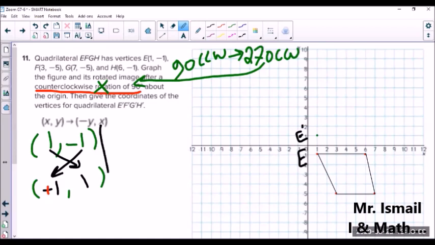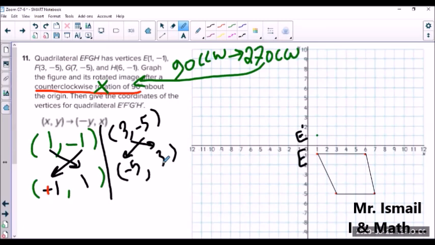Next point, I have (3, -5). Change the positions to be -5 and 3. And don't forget, after you switch them, you have to multiply y by -1. Minus with minus is plus 5.